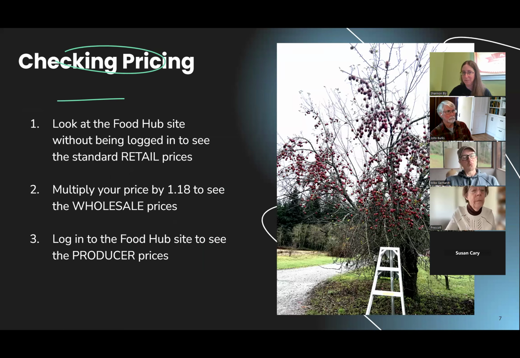If you want to know what your wholesale price is, you multiply your price by 1.18, because the markup is currently 18% for all wholesale customers. So if the price you're putting in is $5, you multiply that by 1.18, which is $5.90, and that's the price they will see.